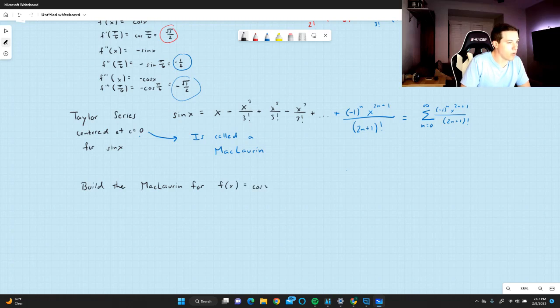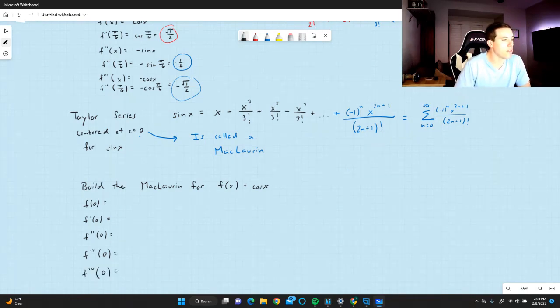All right, so we're going to go back to our formula, which means we need to find f of 0, f prime of 0, f double prime of 0, f triple prime of 0, and hopefully by then we can establish a pattern. I actually bet we're going to need more, because you're going to see something interesting happen.